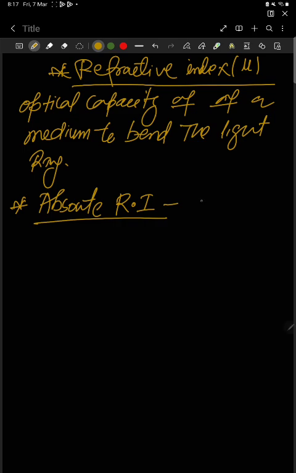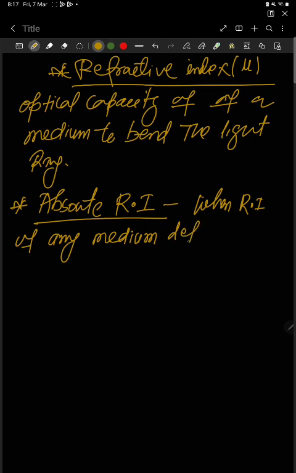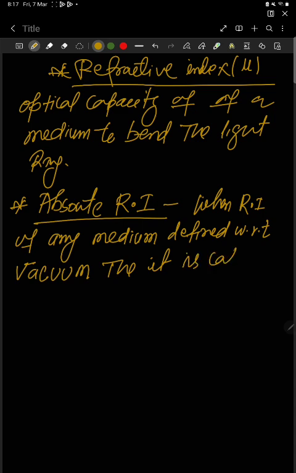When the refractive index of any medium is defined with respect to vacuum, then it is called absolute refractive index.